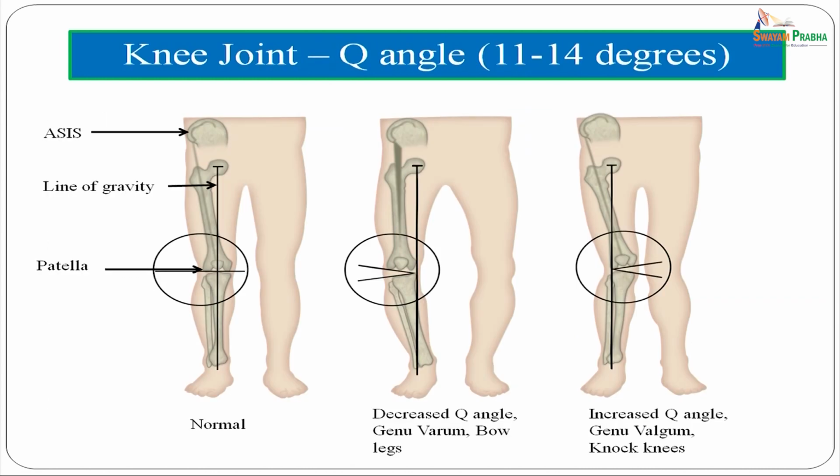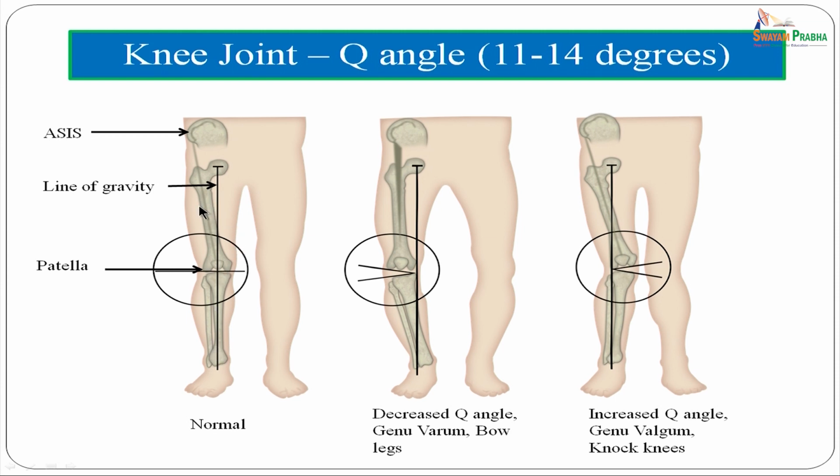The Q angle is the angle which is formed between the long axis of the thigh and the line of gravity. If you see in this particular picture, this is the line which is extending from the anterior superior iliac spine till the center point of the patella. And this is the line of gravity, that is the line of weight transmission, which starts from the head of the femur and goes vertically downwards through the patella and into the foot.